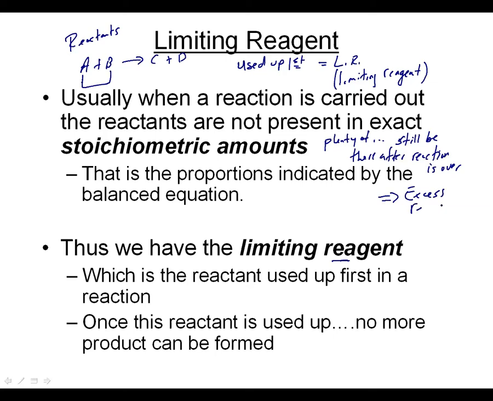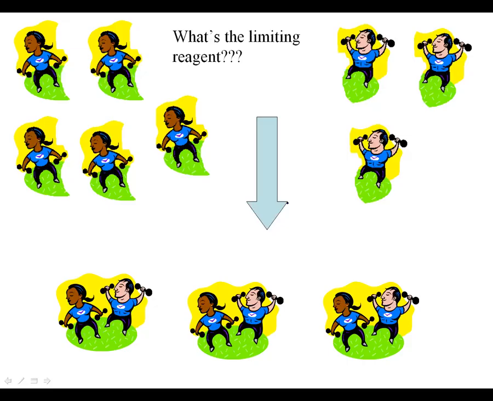So your limiting reagent is the one that gets used up first in the reaction. The excess reagent is the one that you got plenty of. You have so much of it that when the reaction is over, and by the way, the reaction is over when the limiting reagent is used up, that you actually still have some of that excess reagent left over. And again, that's what that says there, our excess reagent.